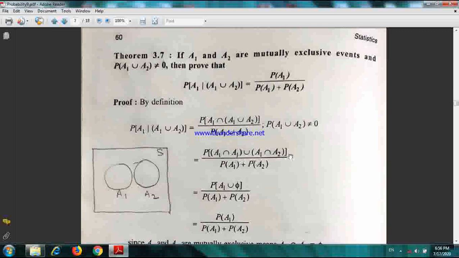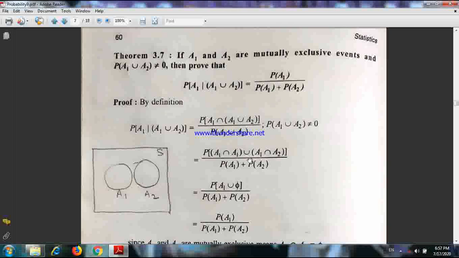You can break it up this way also, or simply you see the Venn diagram. Which area is A1 union A2? A1 union A2 means the region A1 and also the region A2. And if with A1 union A2 we take the intersection of A1, then what remains? Only A1 remains. You see, we get the result A1.